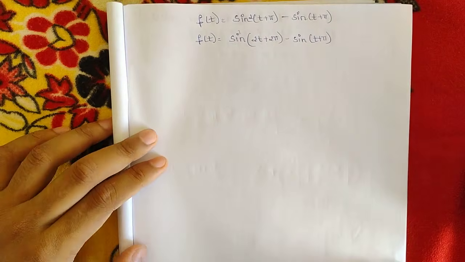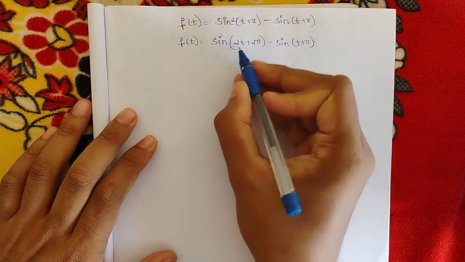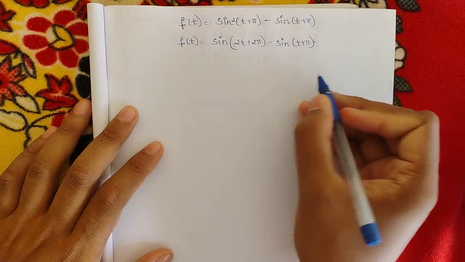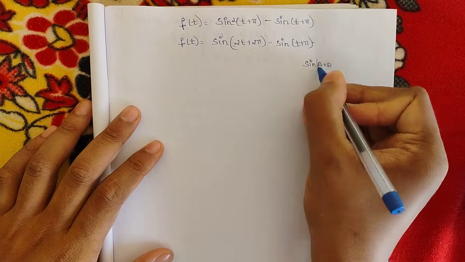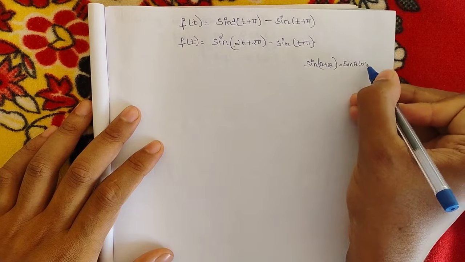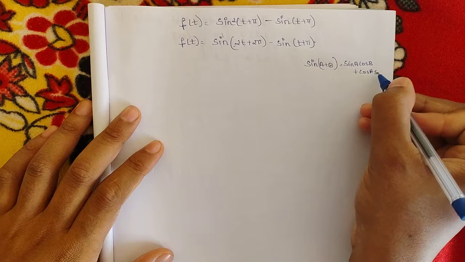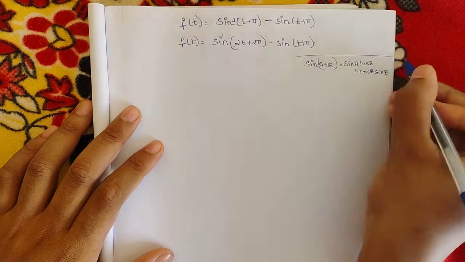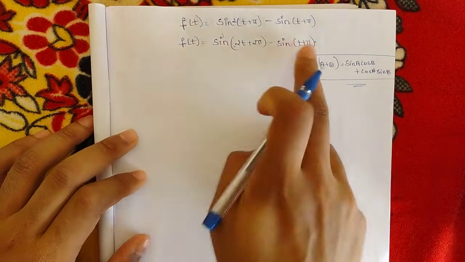Okay, now how to solve this? If you observe, both the terms are of the form sin of a plus b, right? So according to one trigonometric identity, sin of a plus b is given as sin a cos b plus cos a sin b. That is the formula we are going to apply here for both the terms.